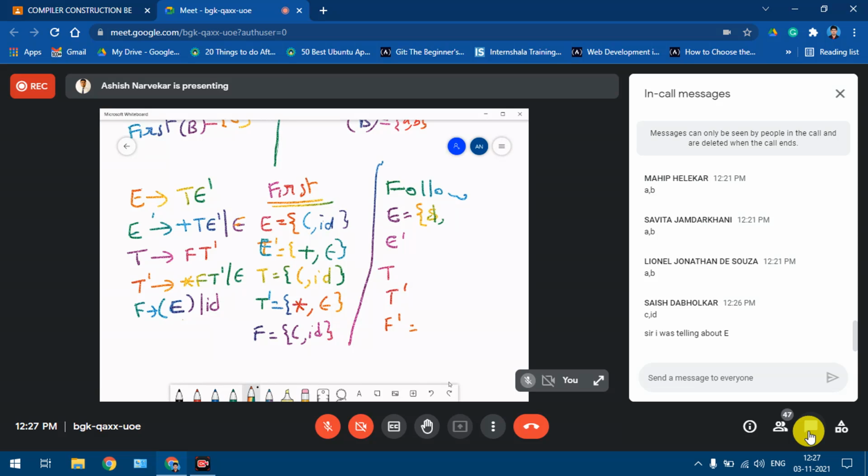But if the start symbol does appear anywhere in the productions, then we need to compute the follow specifically with regards to that particular production rule. So we can see that E appears over here. What immediately follows E is a close bracket. So follow of E in this case will be equal to first of the close bracket. First of a terminal is the terminal itself. So it will be a close bracket over here.